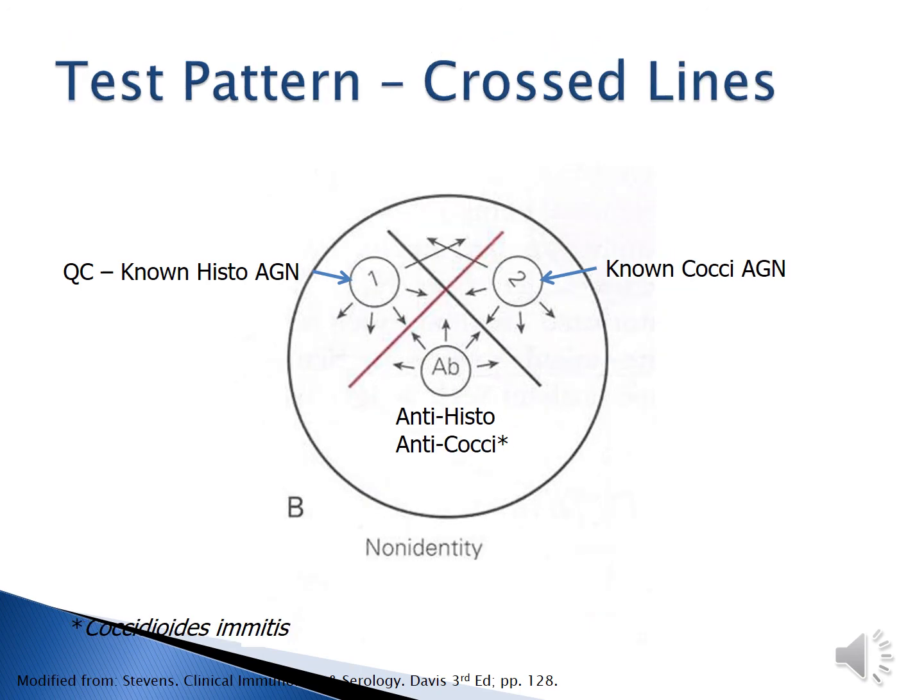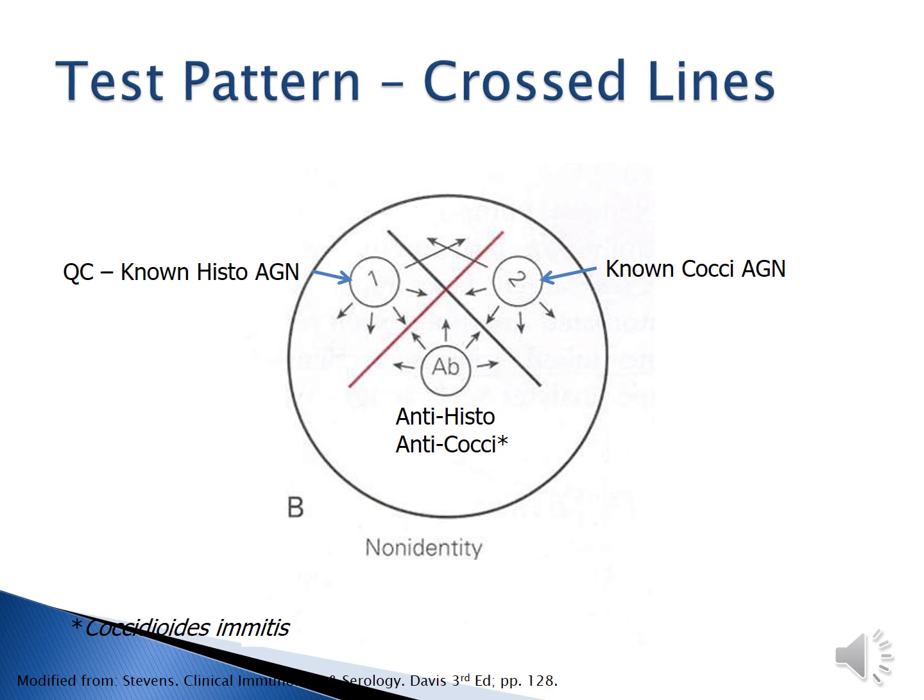So here we have our cross lines pattern, or our non-identity. So here we have our antibodies. We have antihisto and anti-coccidioides. We have our QC, which we have our known histoantigen and our known coccidioides antigen.